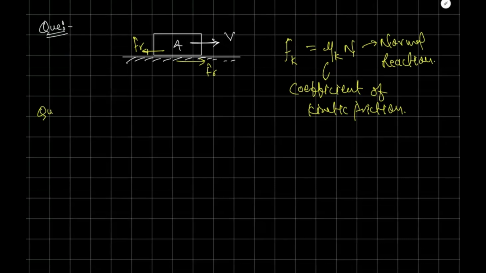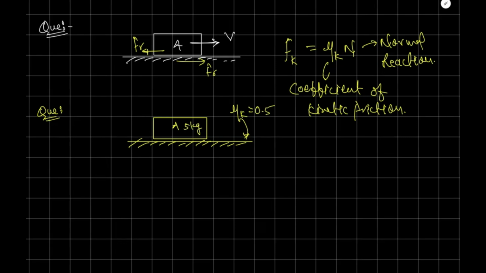Let me take another question. Let's say this is an object A and it is moving on a rough surface which has a coefficient of friction mu k equal to 0.5, and it has a mass of, let's say, 5 kg. You have to tell me, if it is moving with velocity 5 meters per second, what will be the value of kinetic friction? तो इसके लिए क्या करना चाहिए हमको? We'll first draw the free body diagram.